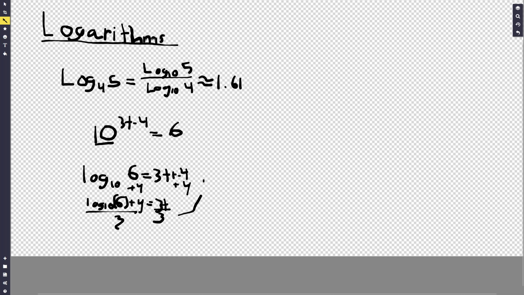Our answer is log base 10 of 6 plus 4, all divided by 3, is equal to t. And because it's log base 10, you can just get out your calculator and solve this yourself. Okay, now let's move on.